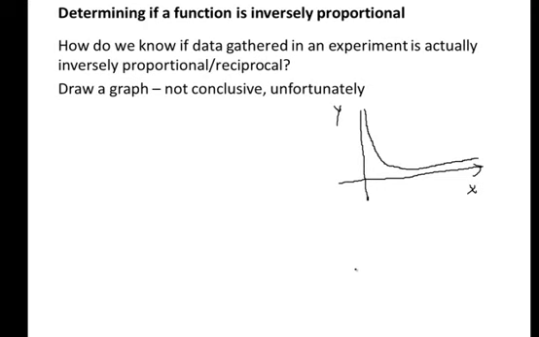But this graph could actually be an exponential decay curve, which often produces the same type of curve. So unfortunately, drawing a graph is not conclusive.